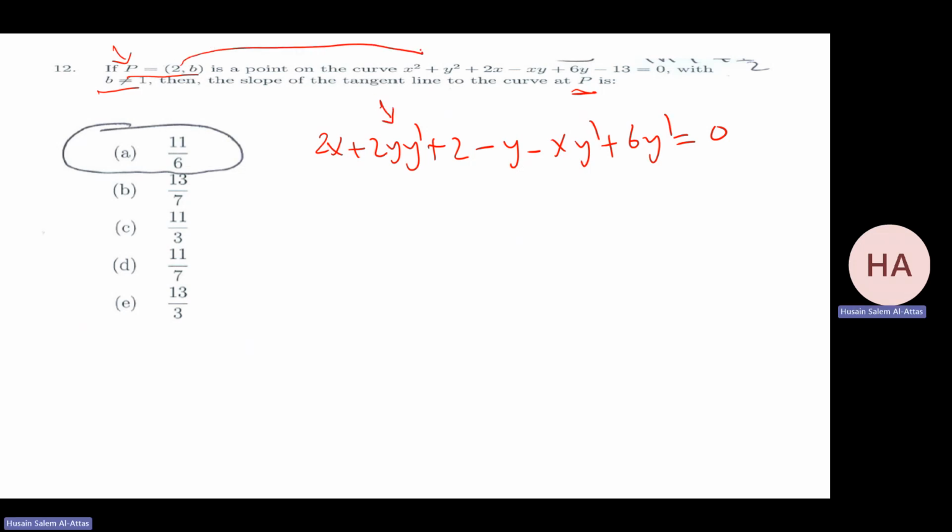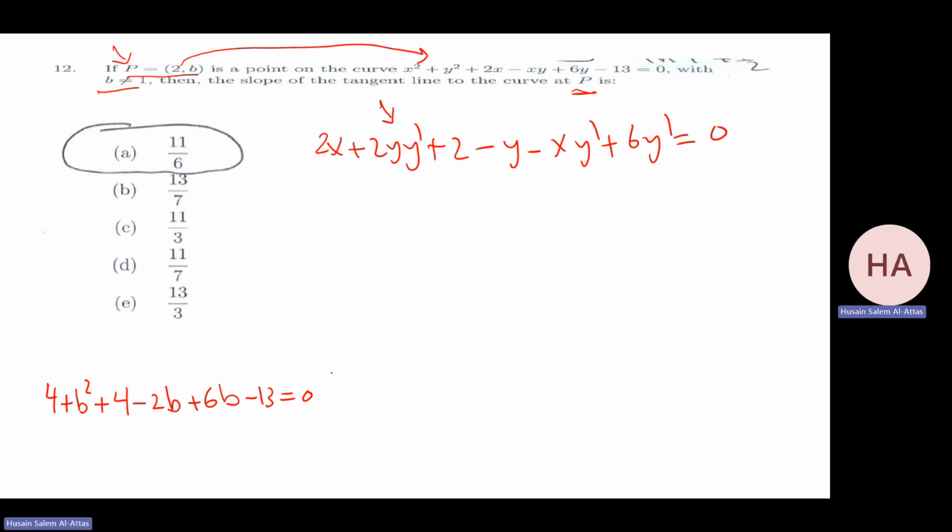This one, I can plug it here. What will you have? You will have 4 plus b squared plus another 4 minus 2b plus 6b minus 13 equals 0.